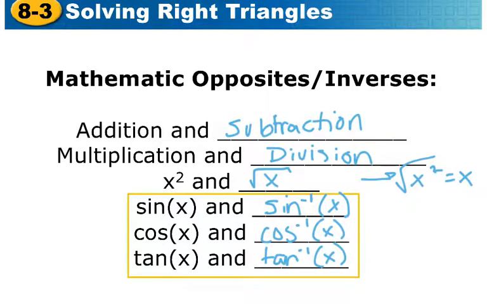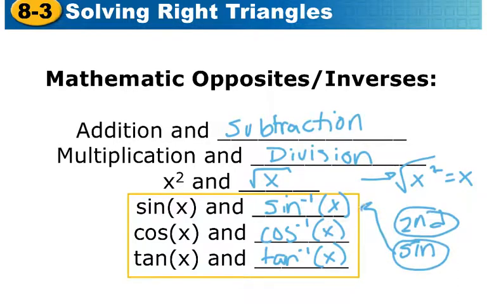Opposites end up undoing what you already did, bringing you back to what you started with. This key is the second key on your calculator, and if you press it and then sine, you get sine inverse.